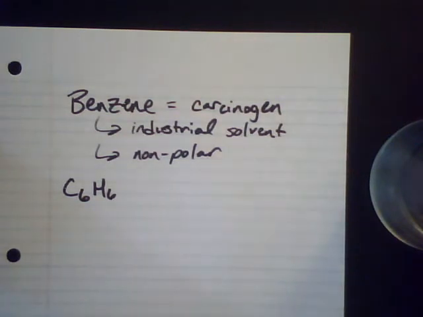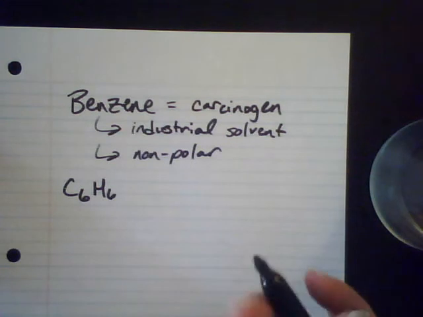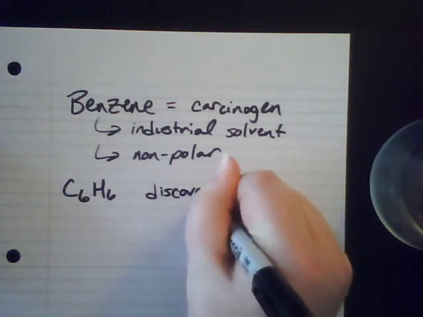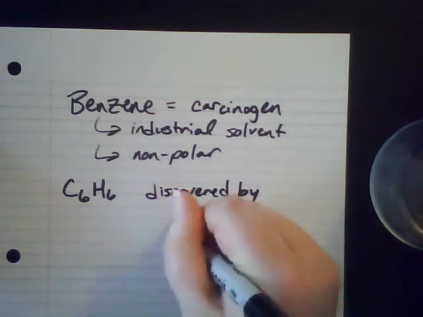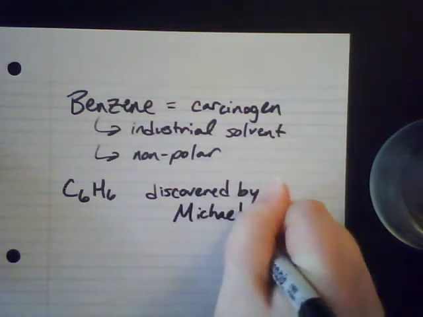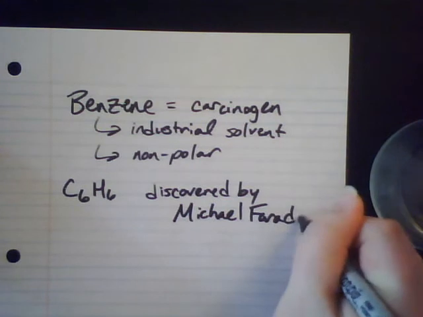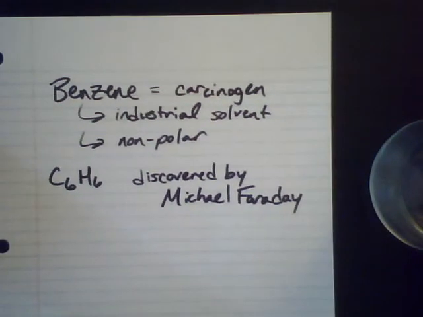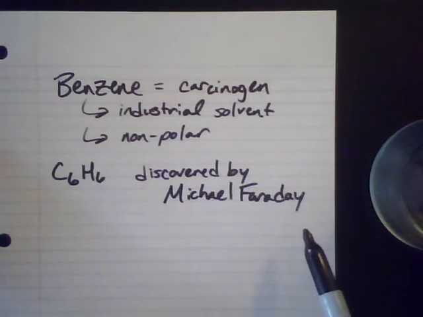So for a long time they knew that C6H6 was benzene, and this was actually discovered by a man named Michael Faraday. Michael Faraday did a lot on electricity and such, so Faraday cages, the reason that planes don't get struck by lightning when you're up in the sky during an electrical storm, or why when they do get struck by lightning you don't get hurt, is because of Michael Faraday.